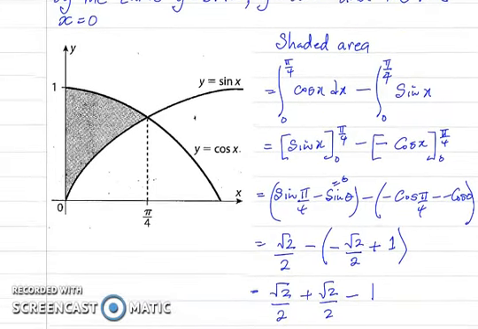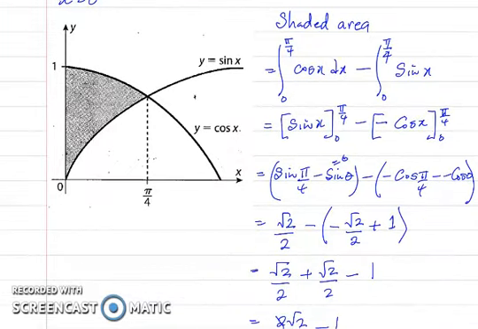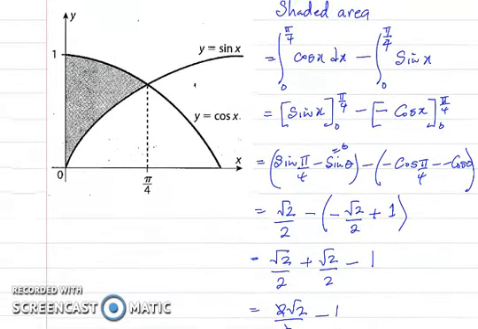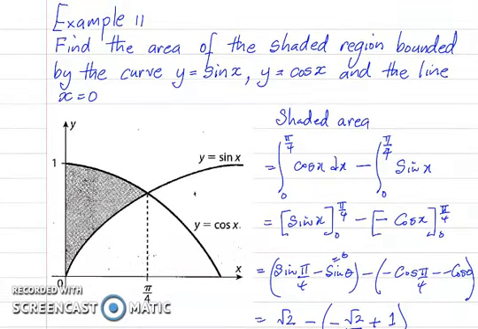So therefore, the area between the curves y is equal to sine x and y is equal to cos x, between x is equal to 0 and x is equal to pi by 4, is equal to root 2 minus 1 square units.